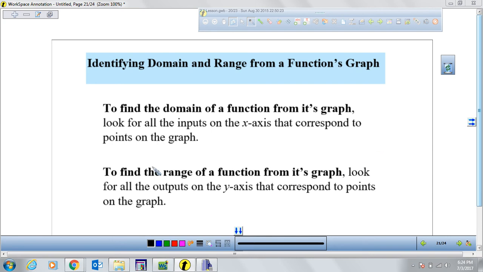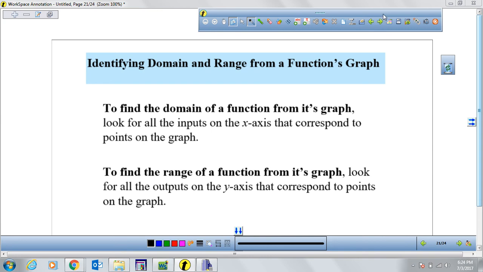Now, if I want to find the range, likewise, all I have to do is include all of the values of y that have a point on that graph. So that's basically how we determine the domain and the range from a given graph. On the next example, I'm going to show you how it's done.